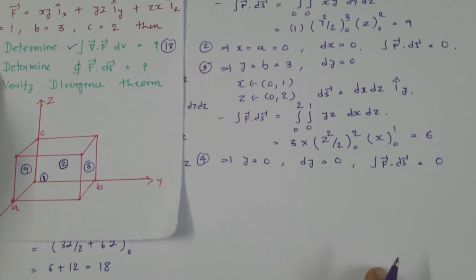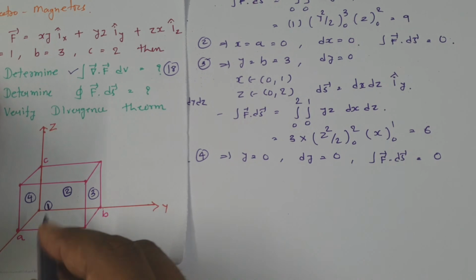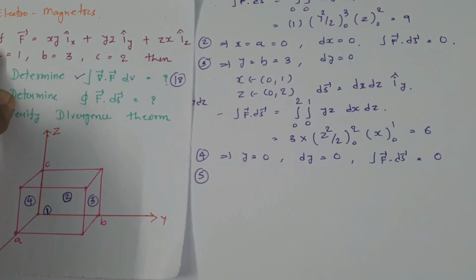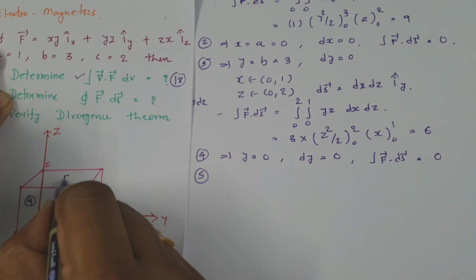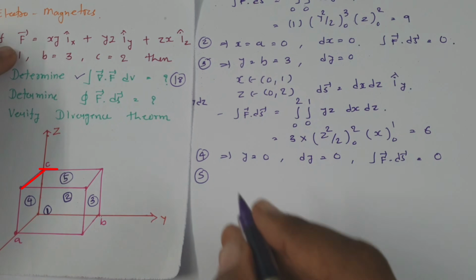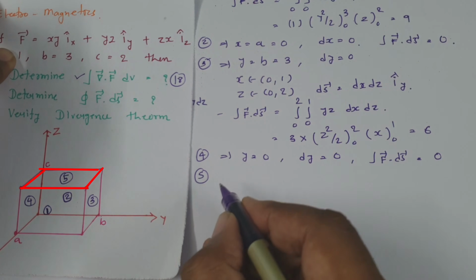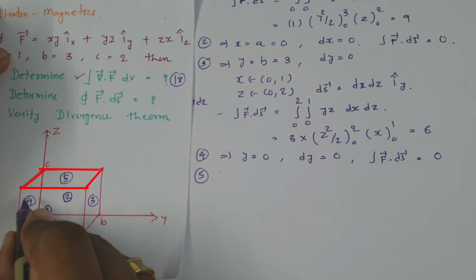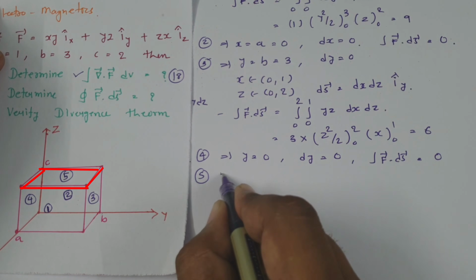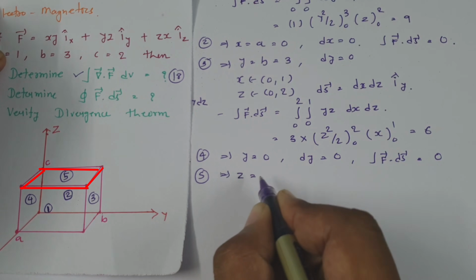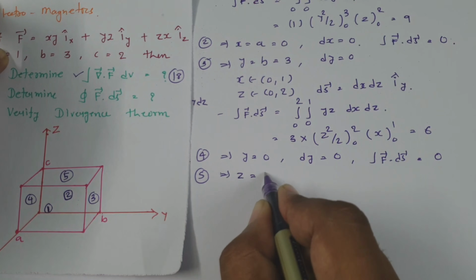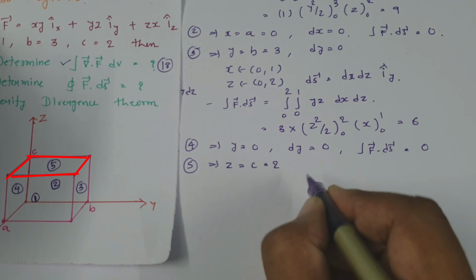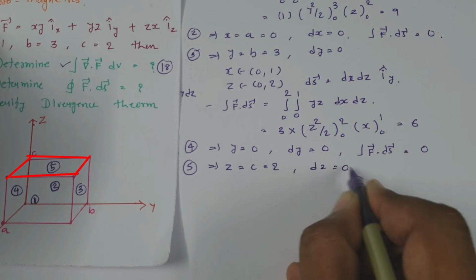Now let us calculate this problem for the fifth surface. Now I am considering this as the fifth surface, right, and for the fifth surface you can see here z is constant, so z is equal to c, and c is equal to 2, so we can say dz is equal to 0.